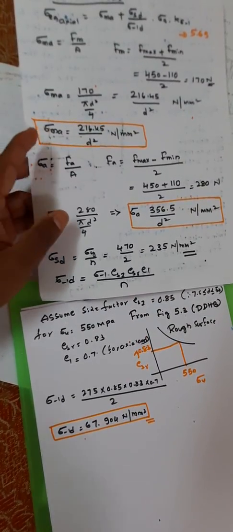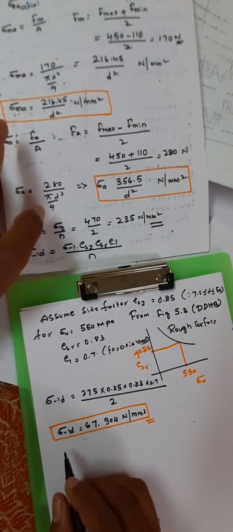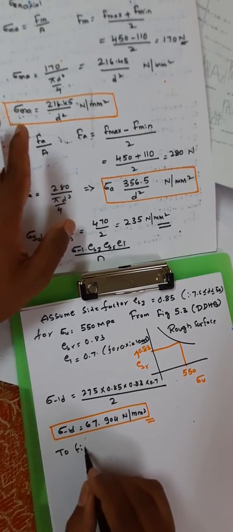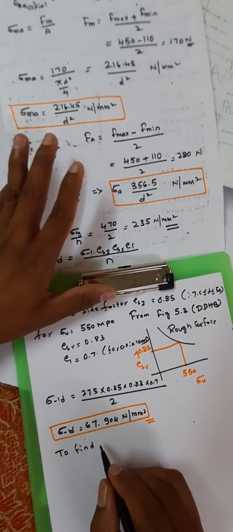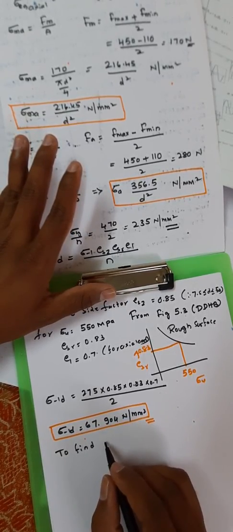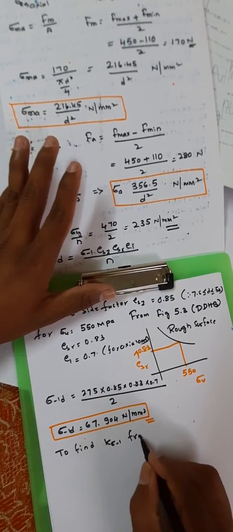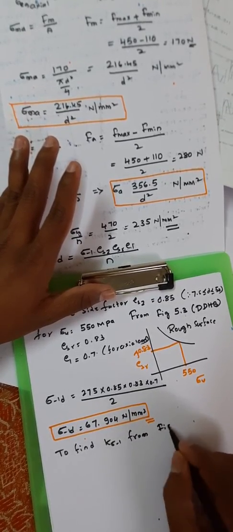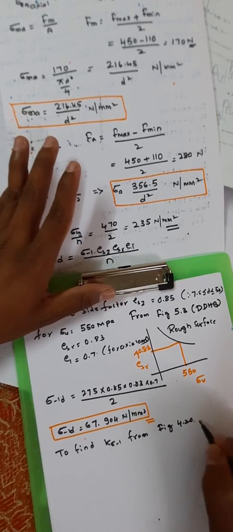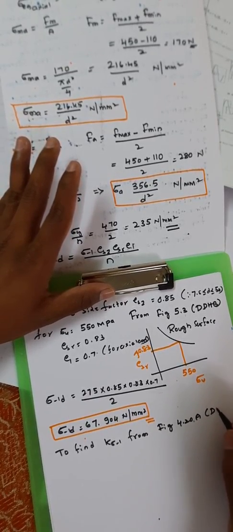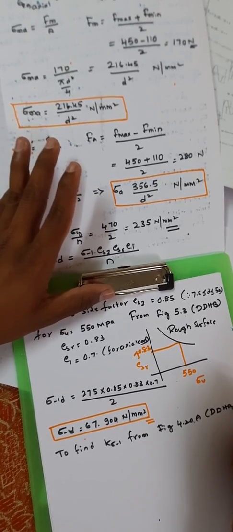We'll find K sigma from figure 4.20a in the design data handbook.